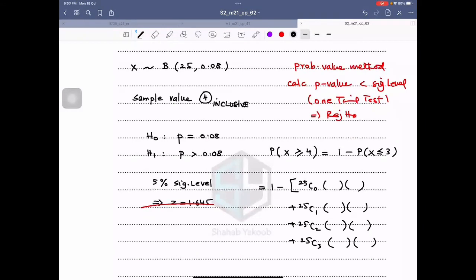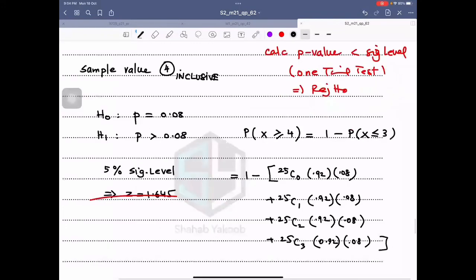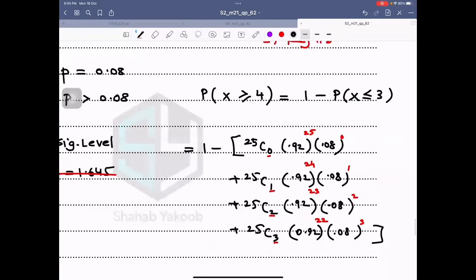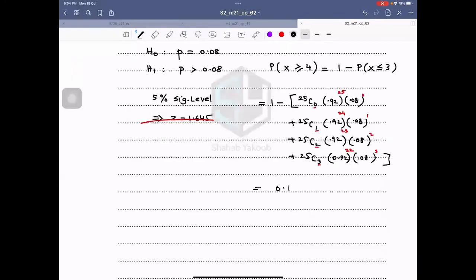This is your success, 0.08, 0.08, 0.08, 0.08, failure, 0.92, and so on. And what will happen to the success? The power would be this 0, and this 1, and this 2, and this 3, and 25 minus 0, this is 25, 24, 23, 22, and if I write down the value of this, this comes out to be 0.135 or 13.5%.